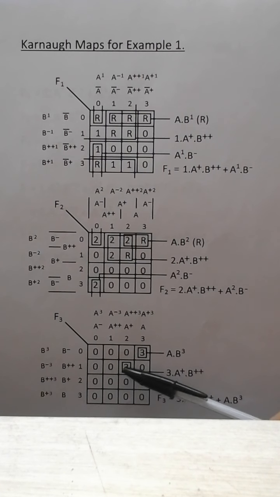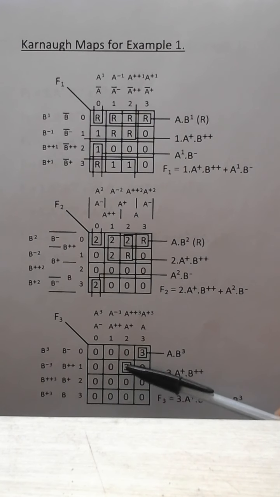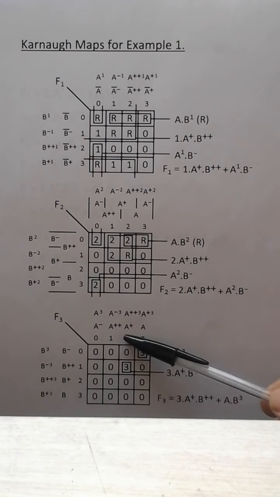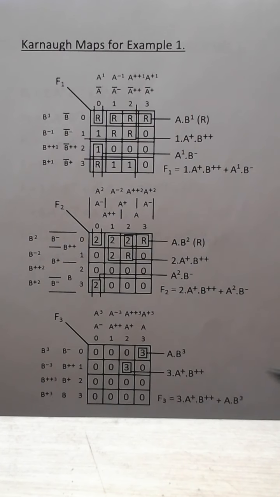For this coordinate Karnaugh map, I'm using 2 4-valued unary operators. So I'm using B++ and A plus here, and I'll put a 3 in front of it because I'm only using 4-valued unary operators.